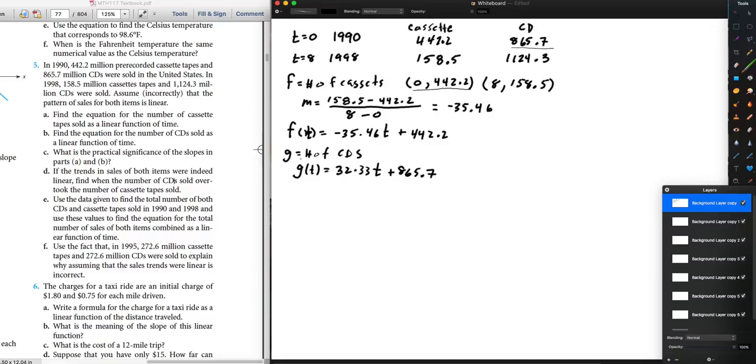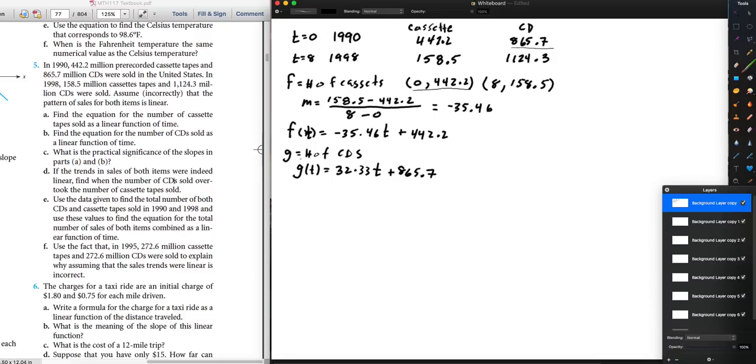For G, every year the number of CDs will increase by 32.33, increase because the slope is positive. So that's all you need to do to answer part C. And then part D is kind of an interesting one.